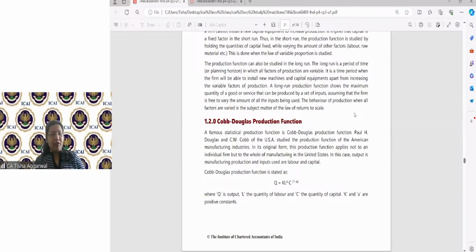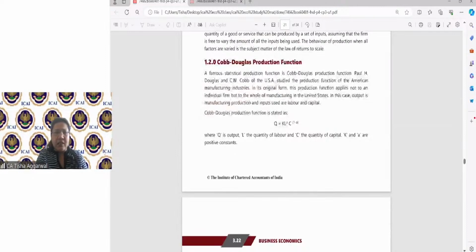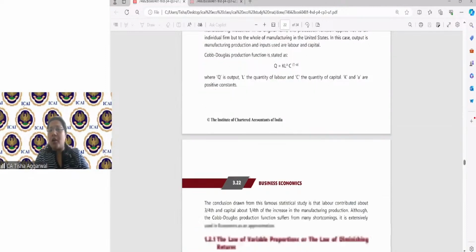So when labor and capital come together and give an output, that is the Cobb-Douglas production function. It says they are linearly related. Linearly related means you put in more labor, you put in more capital, the output is automatically going to increase. So that is given by the Cobb-Douglas production function.